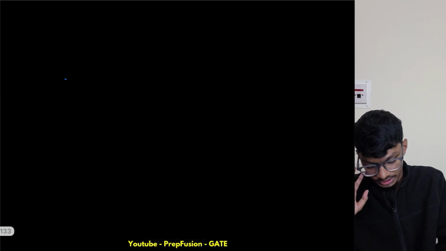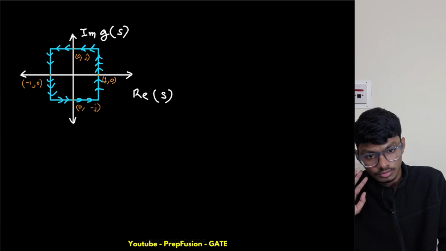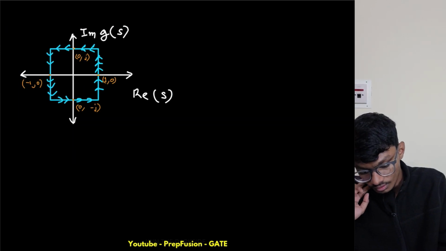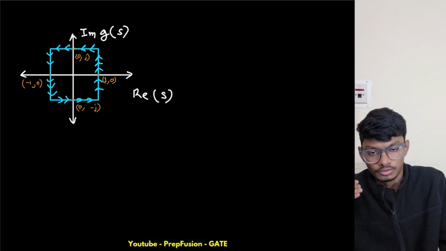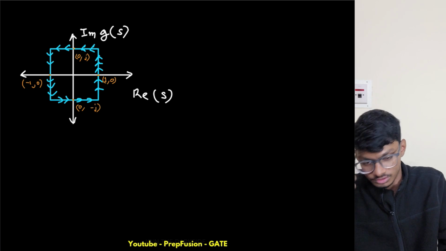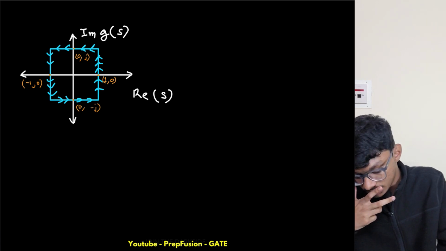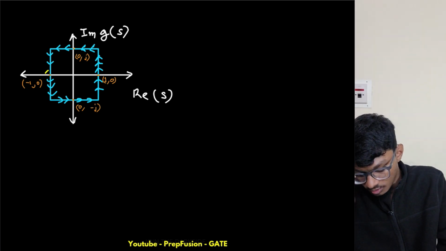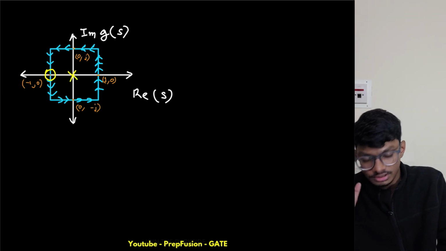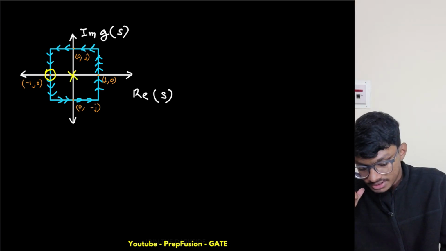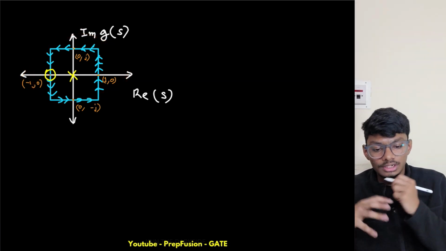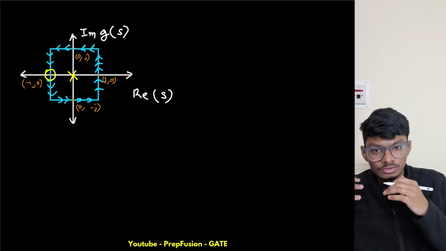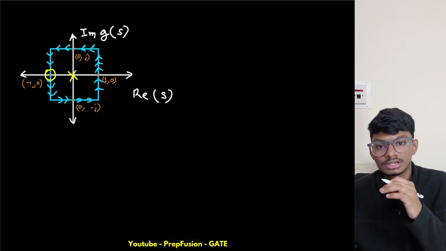So if my contour is like this, let me draw the pole-zero diagram. I'm telling you the conclusion now itself, because that mistake has been made by me. Here I had a 0 and a pole at the origin, so the pole is inside this contour. Now if the pole lies inside the contour, the total number of poles and zeros will decide the number of encirclements about the origin.